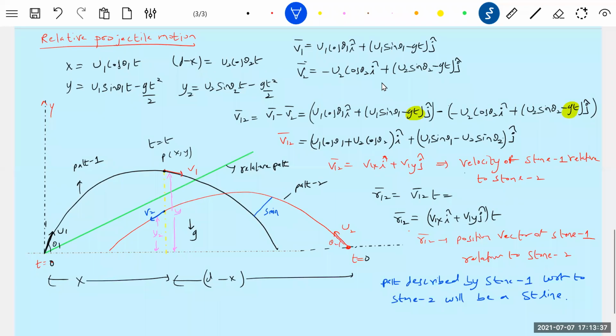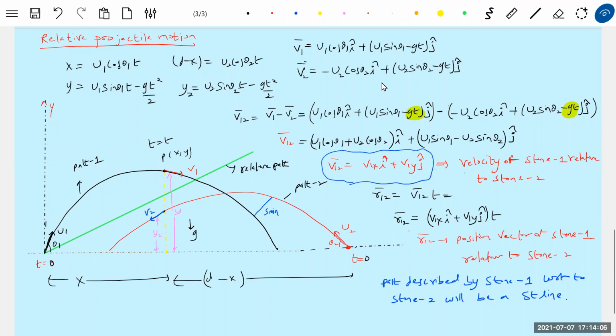Can we find out the minimum separation between two stones projected? The same concept we are going to apply. Sir, but gravity is there, the gravity will be nullified. That's what you mean to say here. I covered both topics here. What all we discussed just now, the previous two problems, it can be applied here also. That's what he's saying. So if you want, you write V12.